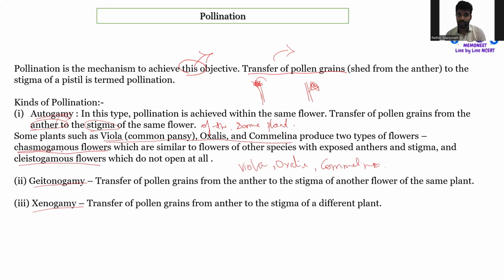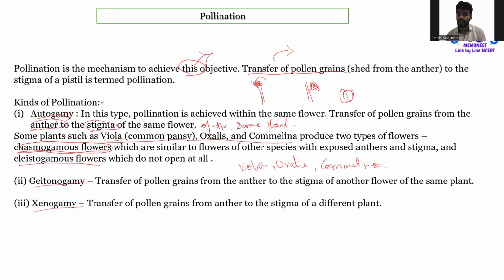In the chasmogamous flower, what happens is that the flowers are similar to the flowers of other species, and they expose their anther and stigma. The flower is opened, and pollination happens within the flower.